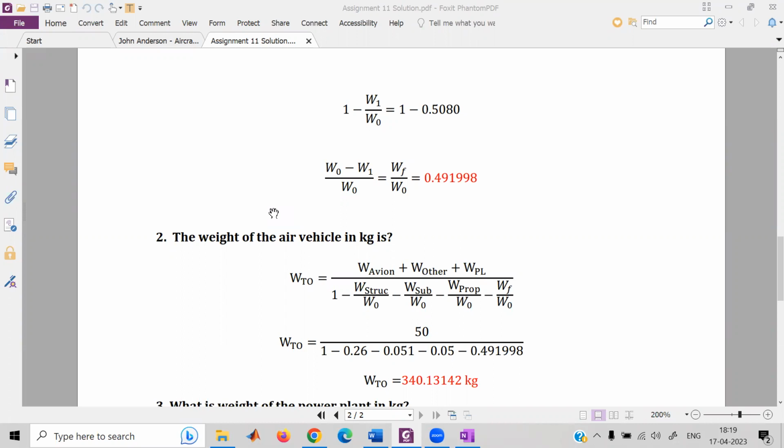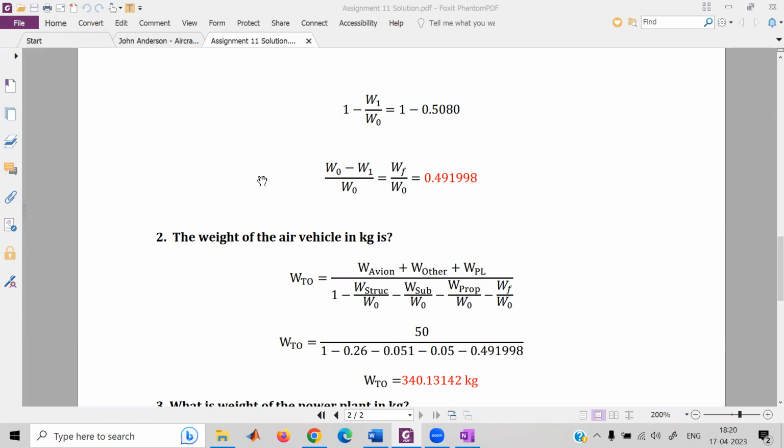Actually in the denominator, when it was mentioned in the lecture, only the structure weight ratio and the fuel weight ratio were there, not the subsystem and propeller ones.